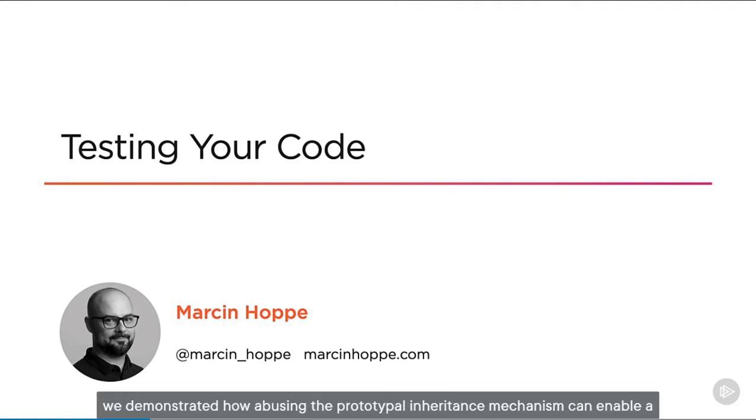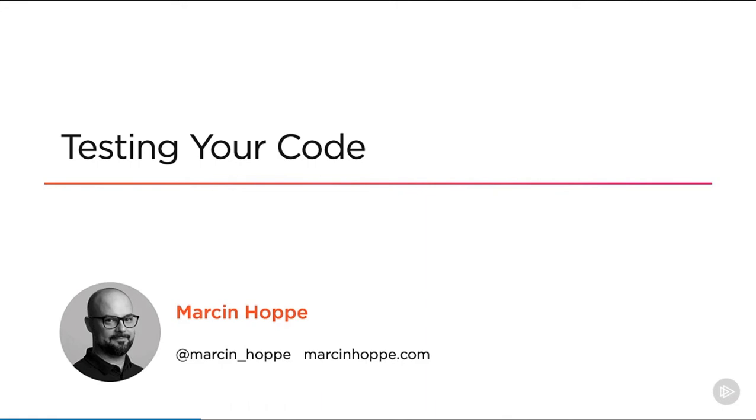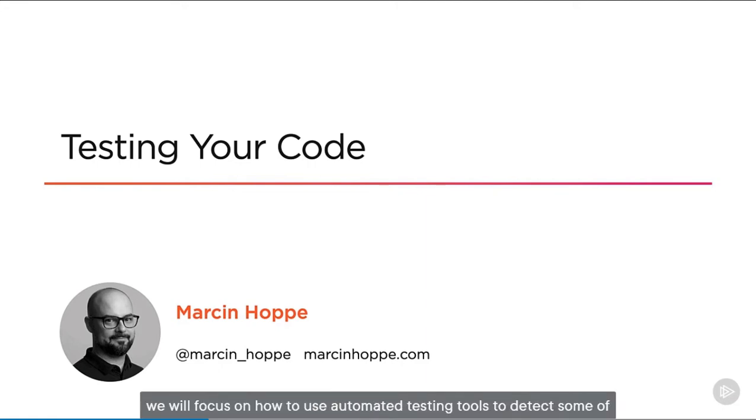Finally, we demonstrated how abusing the prototypal inheritance mechanism can enable a wide variety of attacks. For every class of vulnerabilities, we covered several mitigation techniques we can apply to fix them. In this module, we will focus on how to use automated testing tools to detect some of those security vulnerabilities in our own code.